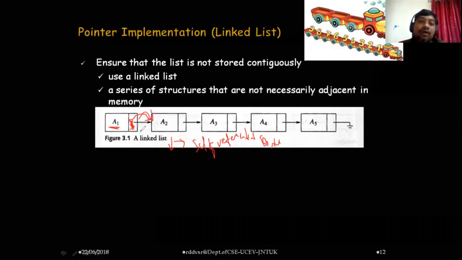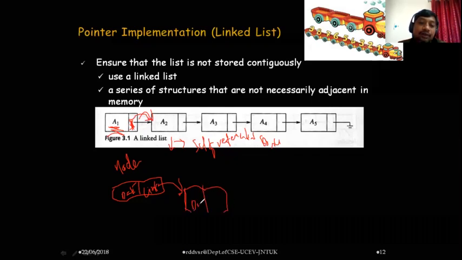In data structures terminology, these are said to be nodes. Our node contains two fields. The first field is used to store the data, and the second field is a link field or pointer field. This link field points to the next element in the list.